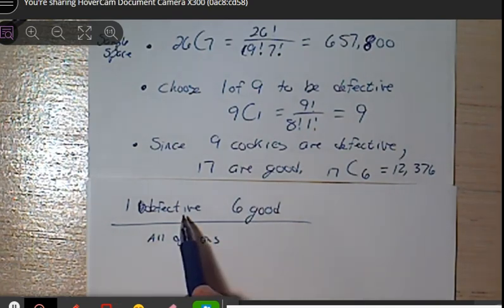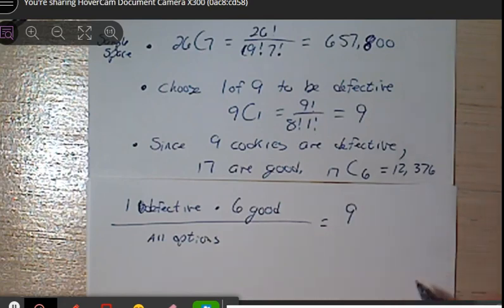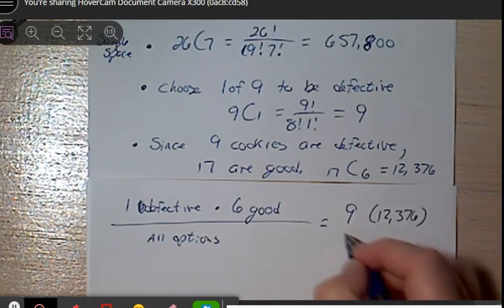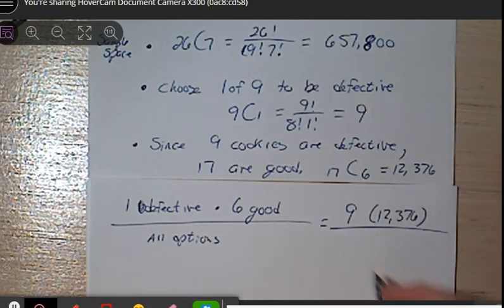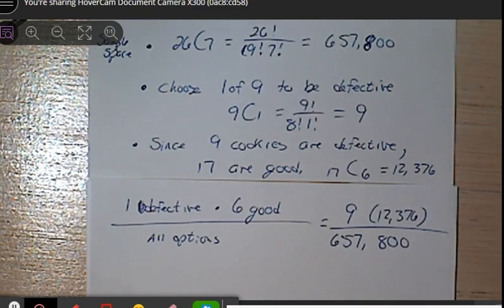Well, the chances of getting the 1 defective cookie then is going to be the 9, times the 6 good cookies we're picking from, that's the 12,376. And that's going to be over our sample space of 657,800. Okay. Now, sometimes they may ask for it in 2 different parts.